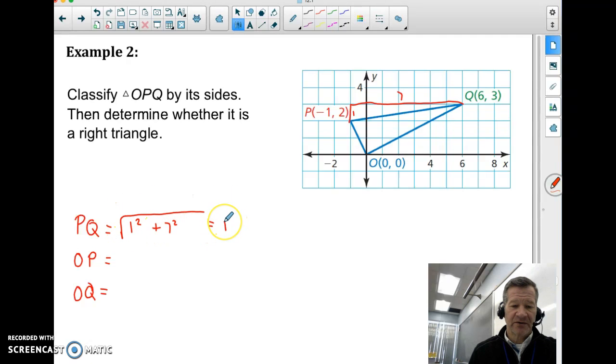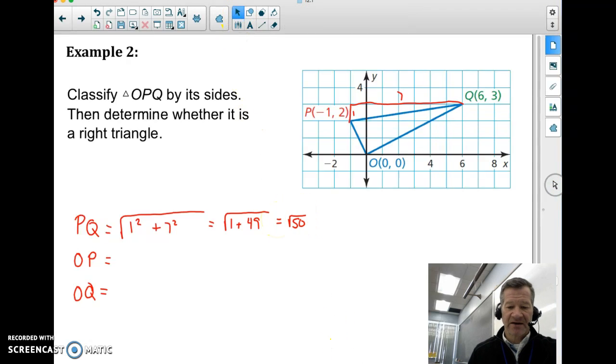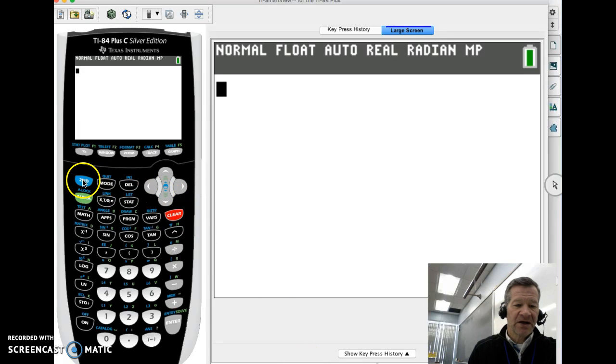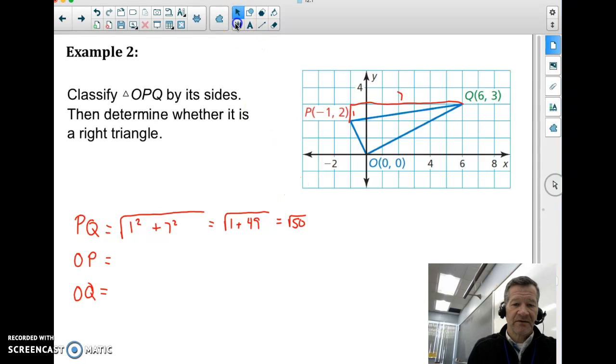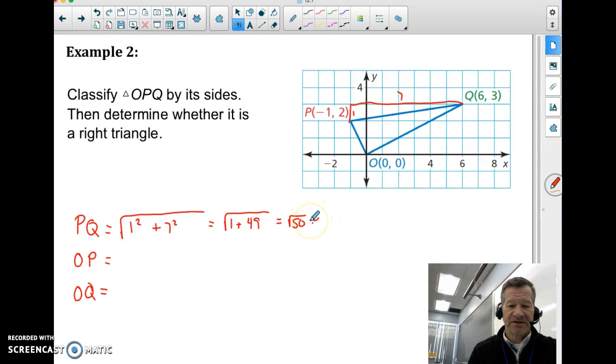That will give me the square root of 1, because 1 squared is 1, plus 49, because 7 squared is 49, and that will give me the square root of 50. If I go to my calculator and type in the square root of 50, it tells me that's approximately 7.1. So the first distance is about 7.1 units.